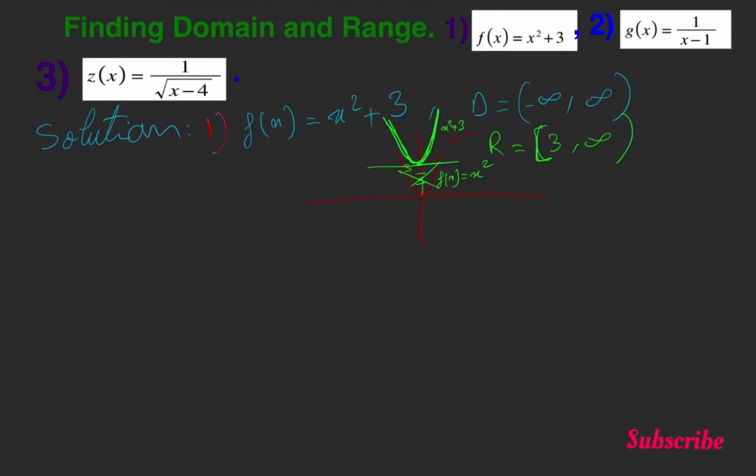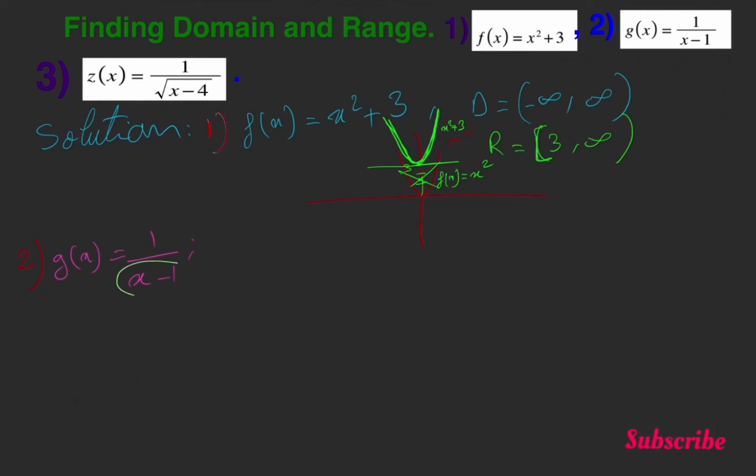Let's do number 2. Number 2, change the color so we don't mix them. So what we have is f of g of x equal to 1 over x minus 1. So we see here we have a restriction. What is the restriction we have? The denominator, let's change this color.